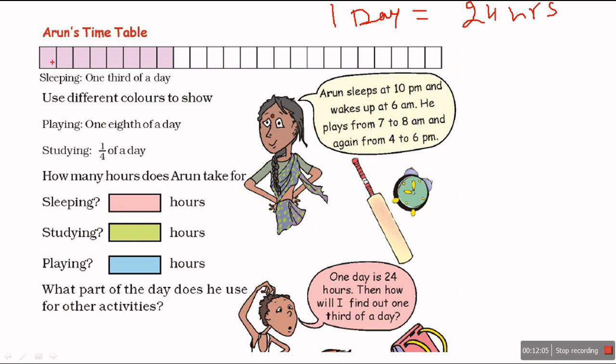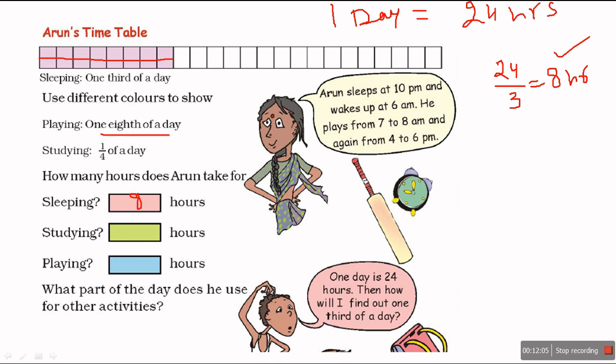Sleeping 1/3 of a day. This is sleeping time. 1/3 of a day means 24 divided by 3. This is equal to 8 hours. So this 8 hour is sleeping time. Sleeping time 8 hours. Okay.